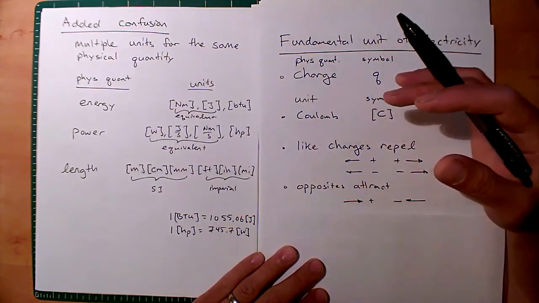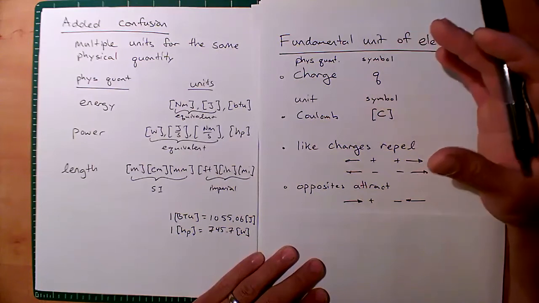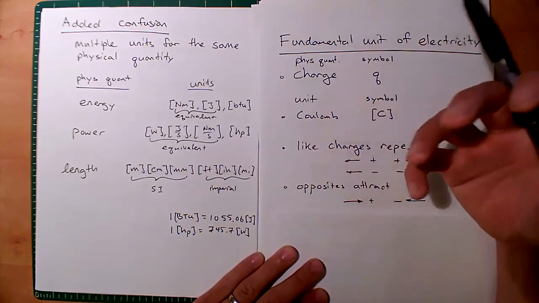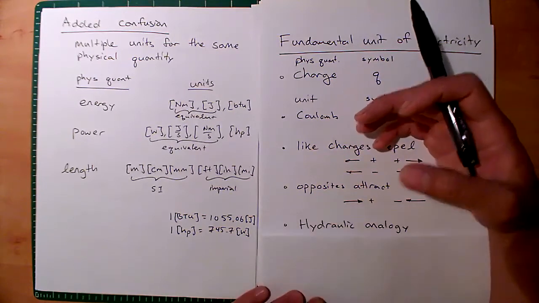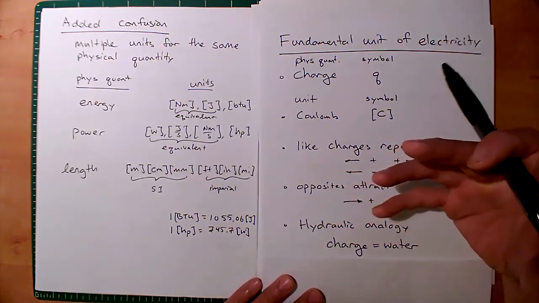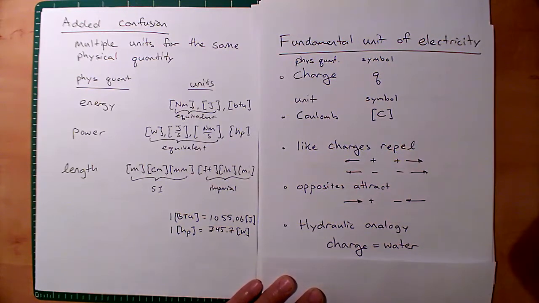The analogy isn't perfect, but I hope it gives you some intuition. Think of charge as the physical medium of water itself. It's the medium that can flow, that can have pressure, and so on.